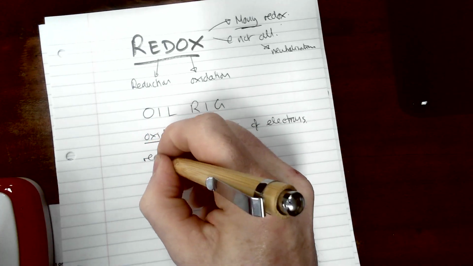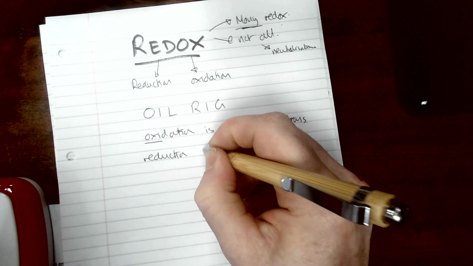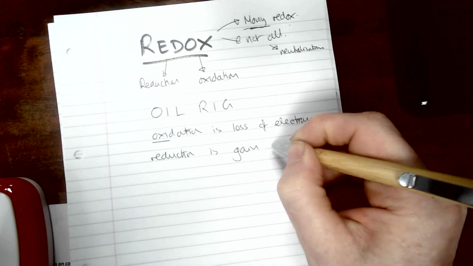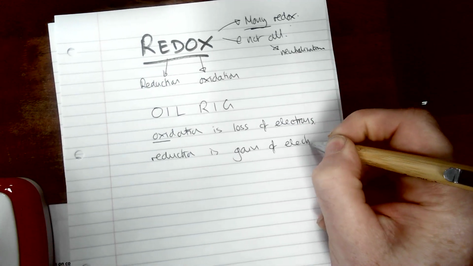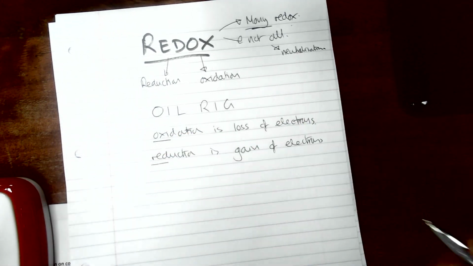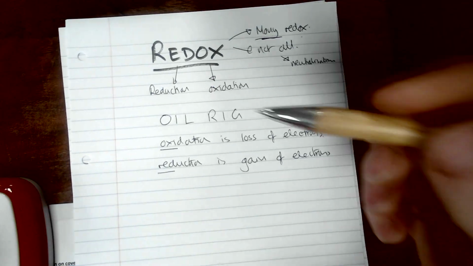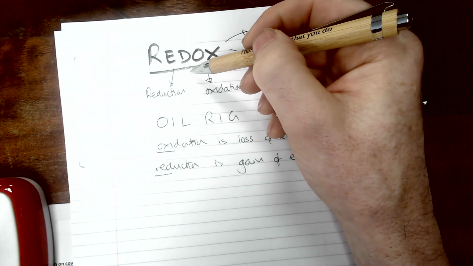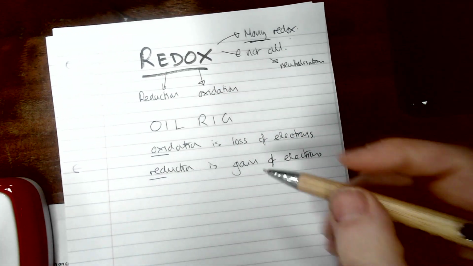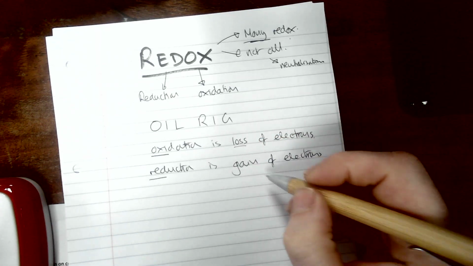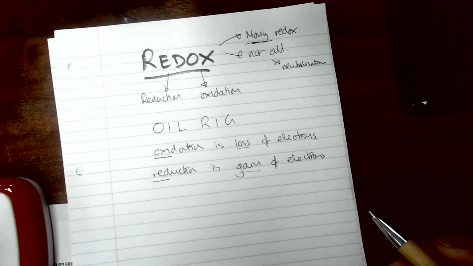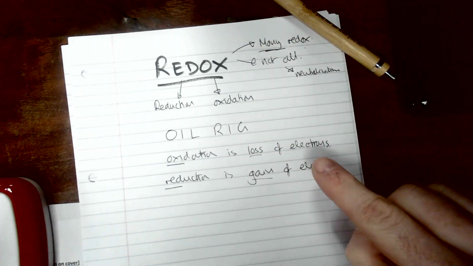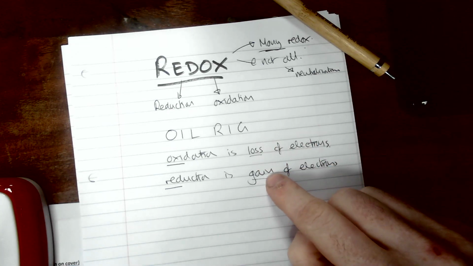Reduction is gain of electrons. So what we're describing here is that redox reactions are reactions where something loses electrons and something else gains electrons. You cannot have loss of electrons without something else gaining them.